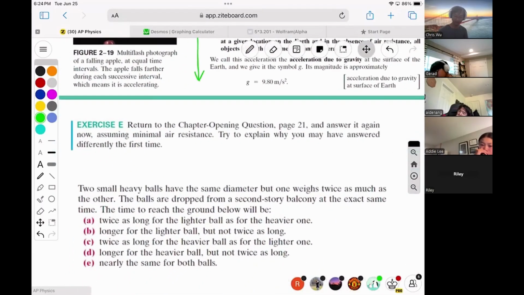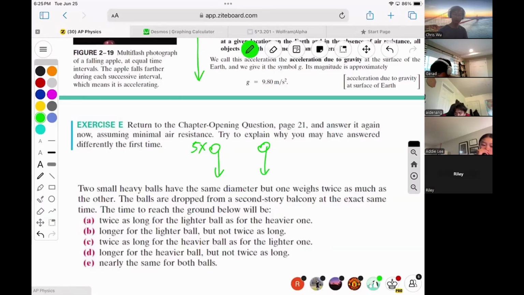Let's try an exercise here. Return to the chapter opening question, page 21, and answer again, assuming minimal air resistance. Try to explain why you have answered differently this time. Well, the two rocks, even though one may be 5 times as heavy as the other, I forgot the exact setup, but let's say one is 5 times as heavy and the other is lighter, they're going to fall at exactly the same rate.